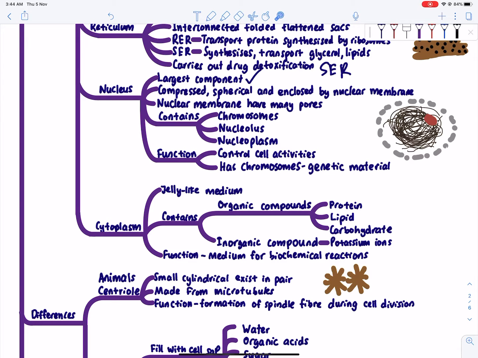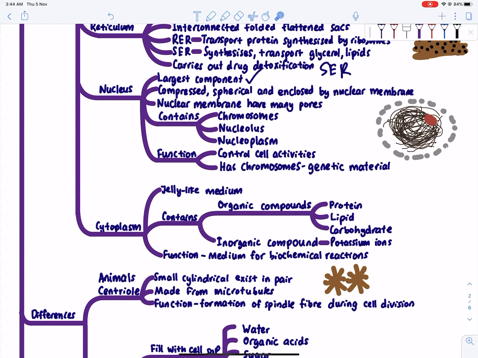It is a jelly-like medium. The organic compounds, protein, lipid, carbohydrate, water, glucose, nutrients, waste products, all become part of the cytoplasm. It also contains inorganic compounds, such as potassium ion. Function: medium for the biochemical reactions.